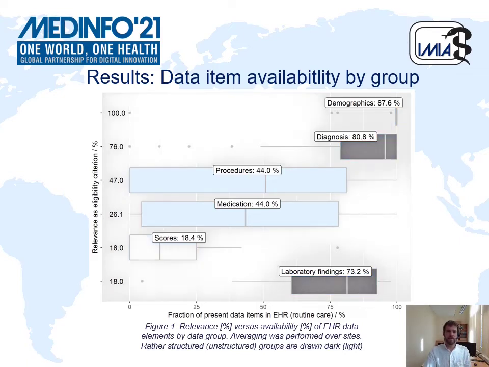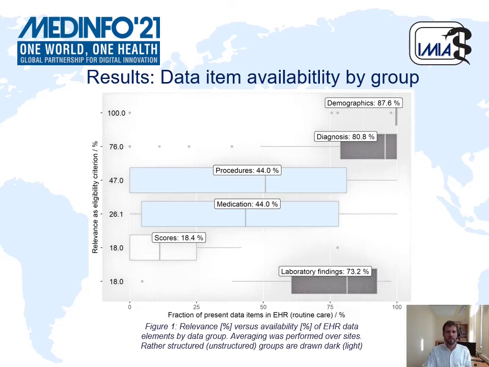But now, let's take a closer look at the procedures and medication data group. Both of these groups show a wide distribution in terms of availability. Both data groups contain data elements for coded and non-coded procedures or medication. And the medication data group contains also data elements about the dosage and the end date of medication.